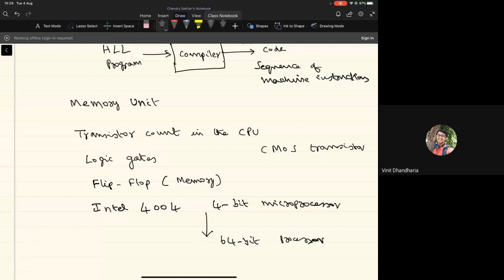Some of the 64-bit processors which you'll be familiar with are the Intel i7 processor, which was introduced sometime in the early 2000s, and it started with the first version in 2012. And then there are much more complex versions of this i7 processor. We'll be quickly introducing one more term, called the core of a CPU.